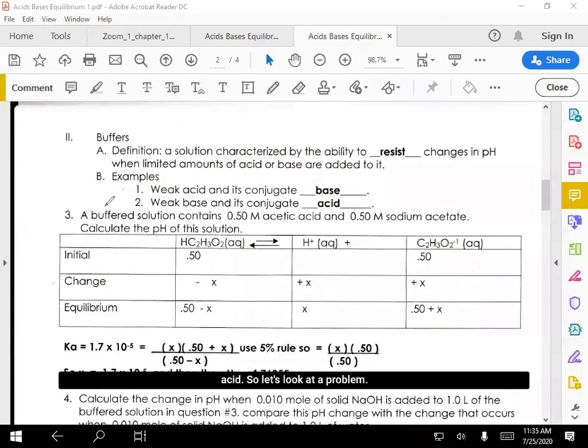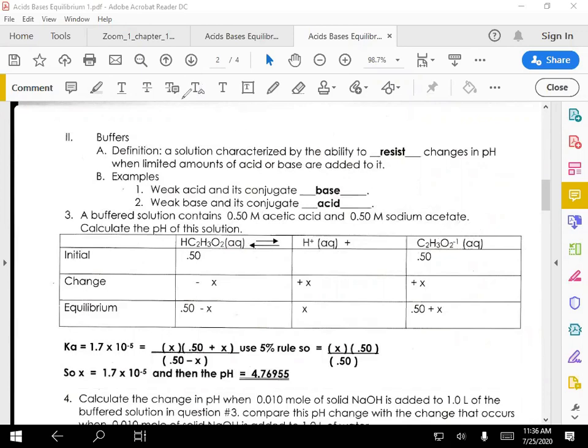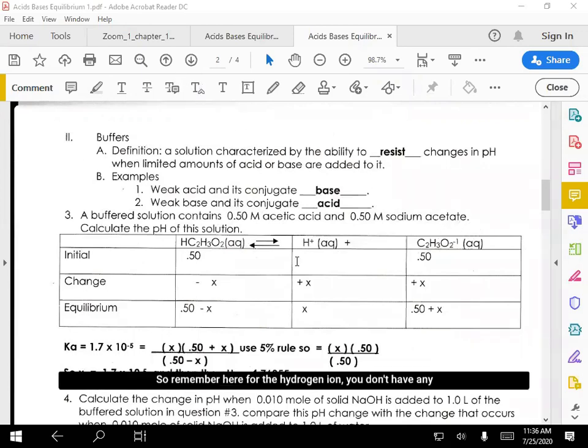So let's look at a problem. We have 0.50 molar acetic acid and 0.50 molar sodium acetate. When we set up our ICE table, we have acetic acid in equilibrium with hydrogen ion and acetate. Remember here, for the hydrogen ion, you don't have any to begin with.